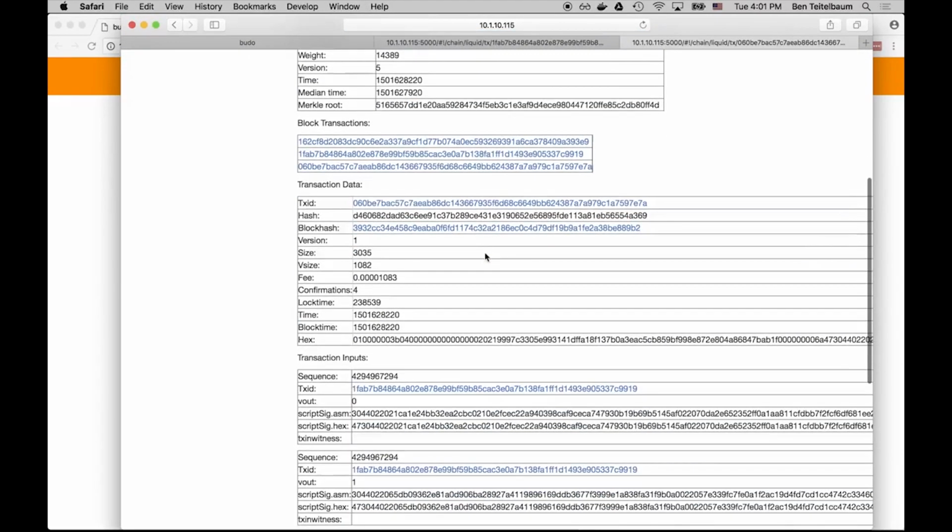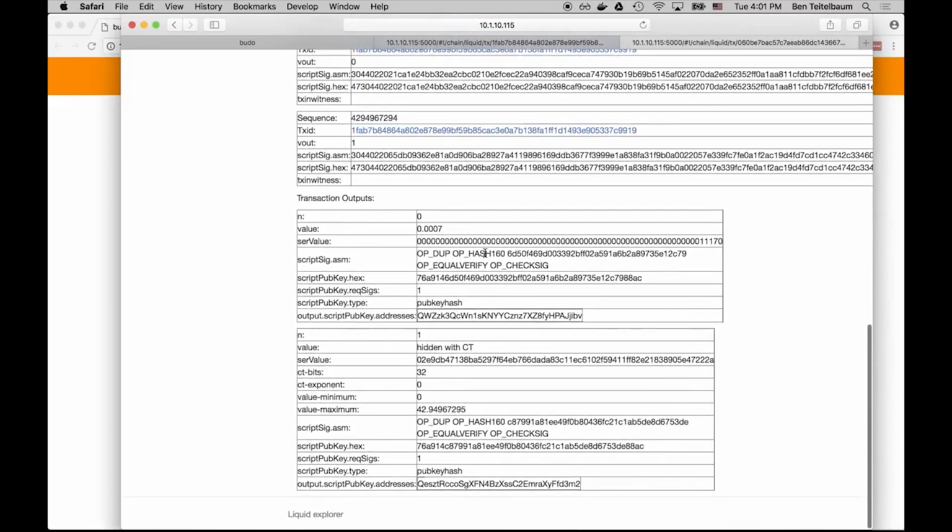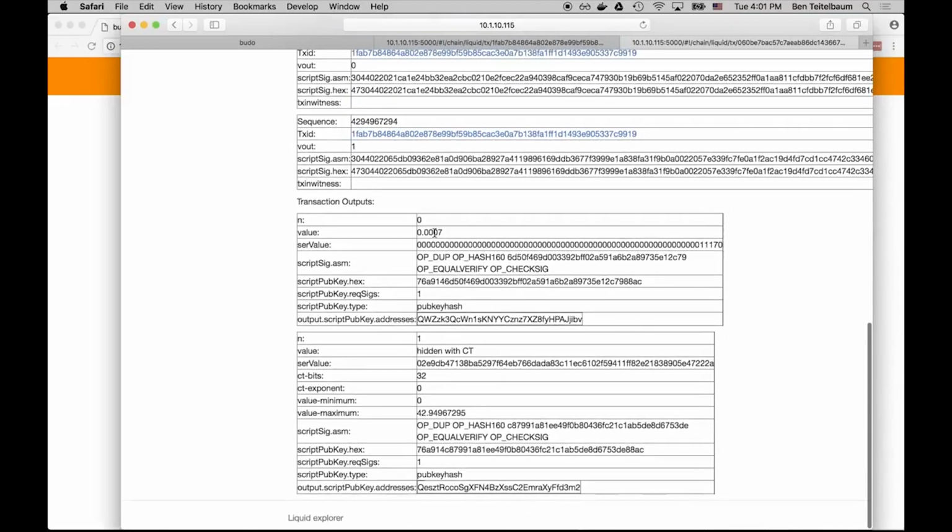Here we go. So this one, let's scroll down to the outputs. Aha! Here's where we sent 0.7 millibitcoin. And what you can see here is that the main output of this transaction, which was sent to an unconfidential or non-blinded address, the value is visible to everybody on the network. And the second output here is the change output.